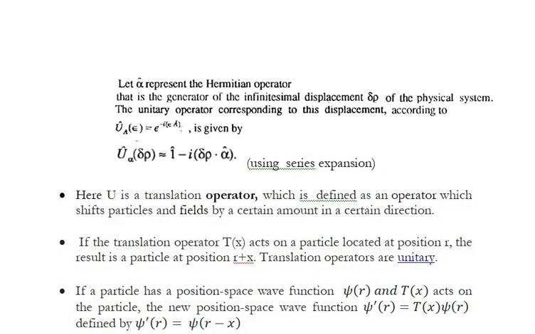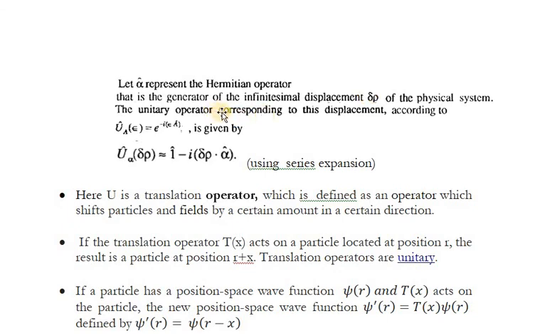Let alpha represent the Hermitian operator that is the generator of the infinitesimal displacement delta rho of the physical system.